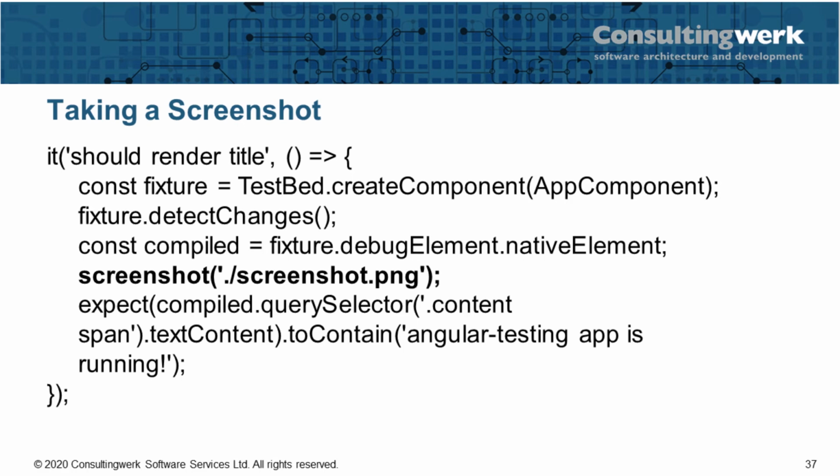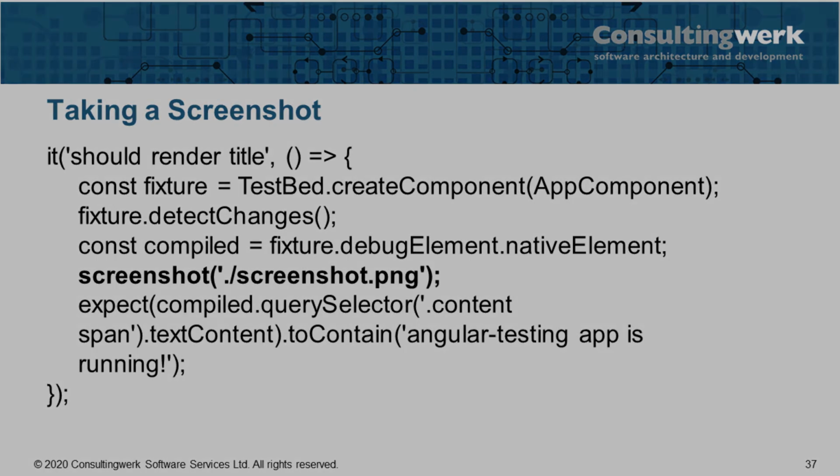You've saved the PNG file of a web app screen that's running in a headless browser. And then you can carry on with your assertions and so forth after having taken a screenshot that will be available for manual inspection at a later time. That is very, very, very useful. Cannot stress how useful I found that.